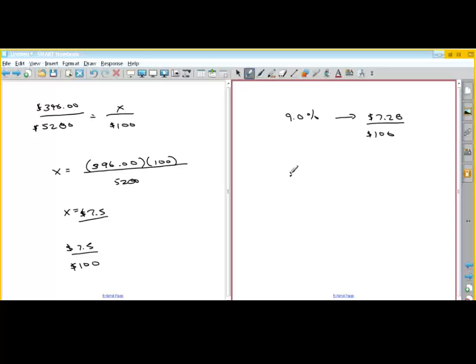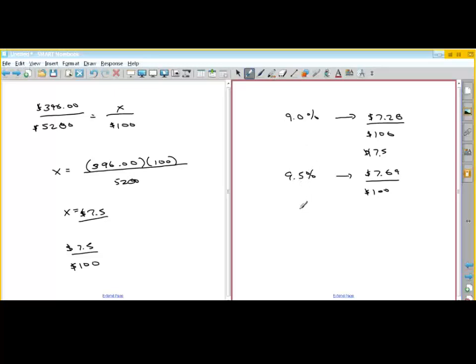And at 9.5, we have 7.69 per $100. Well, we have 7.5 in here. So the question is, where is it in here?